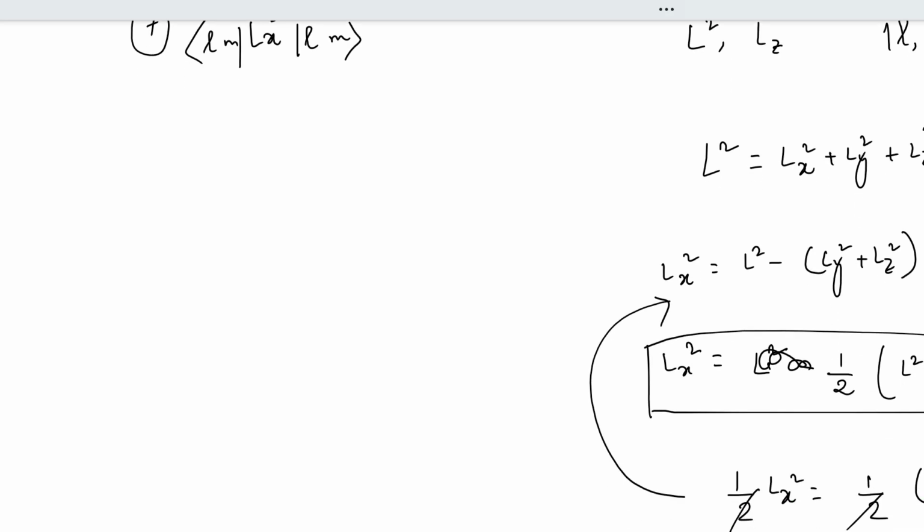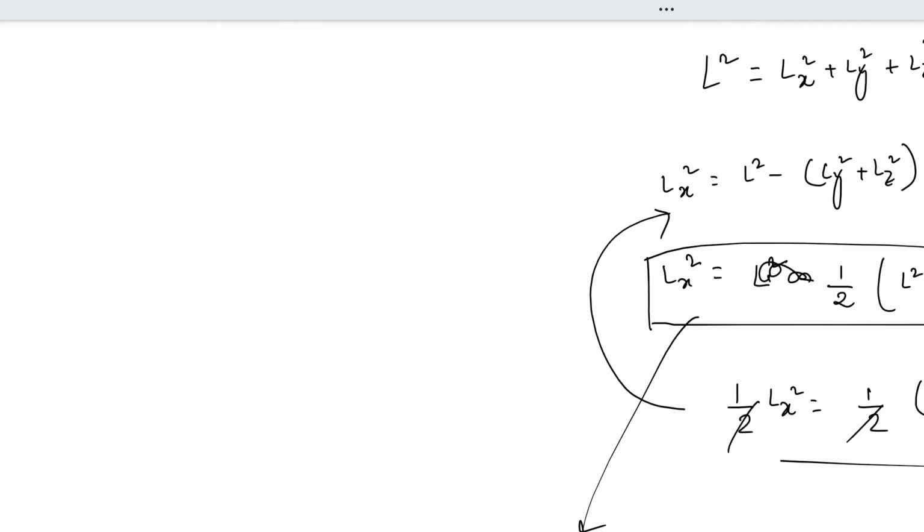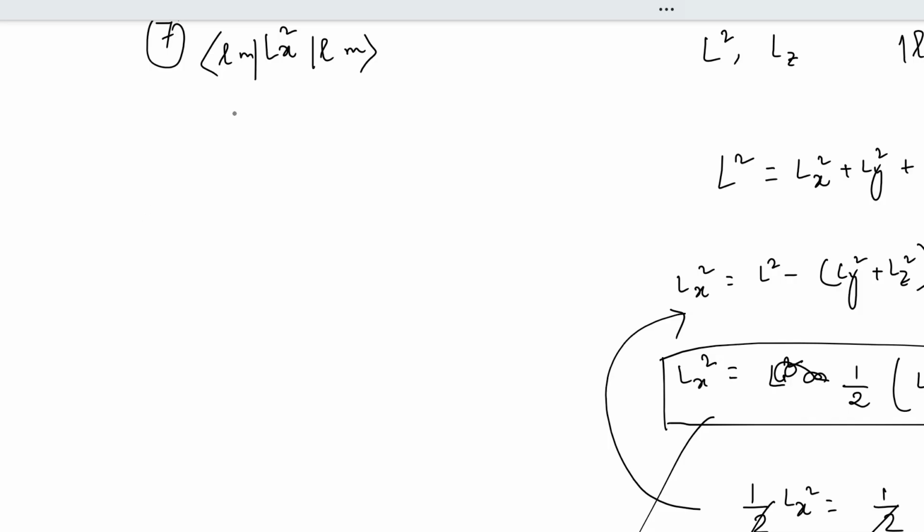Okay, so this is the form. So why am I writing it like that? Now you have this equal to half L squared minus Lz squared plus Lx squared minus Ly squared. The advantage of writing in this form will be clear: we can now write the expectation value in lm as half L squared minus Lz squared plus Lx squared minus Ly squared.